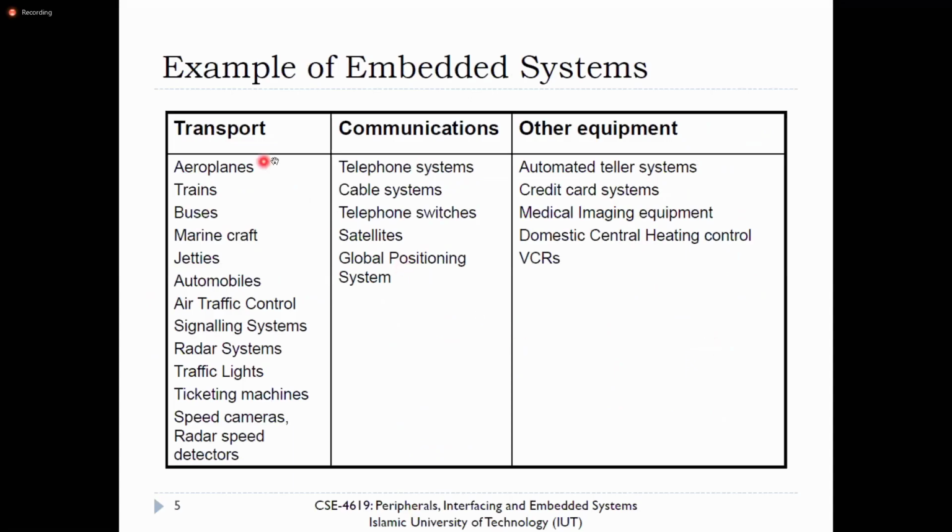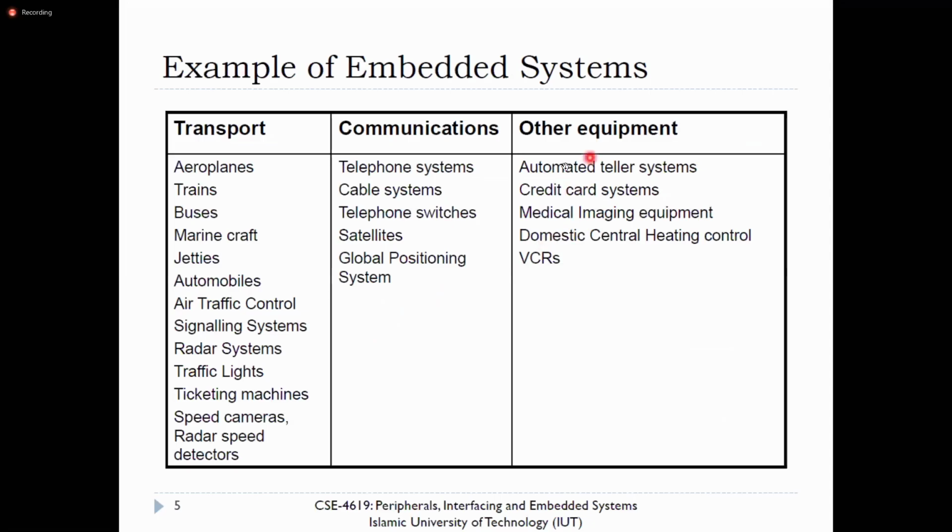And the third category includes transport, communications, and other equipment. You can see the transports, the names are given here. Transport systems are also an example of embedded systems. Communications, our GPS, satellite communication, telephone, mobile communications. So everywhere we are using embedded devices.